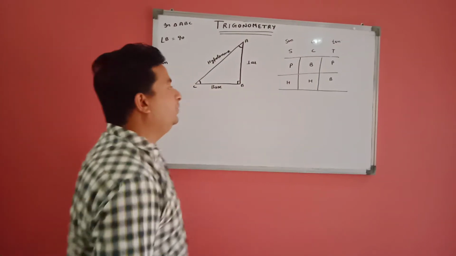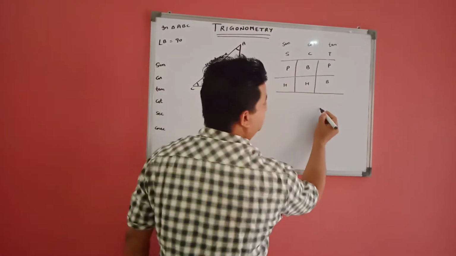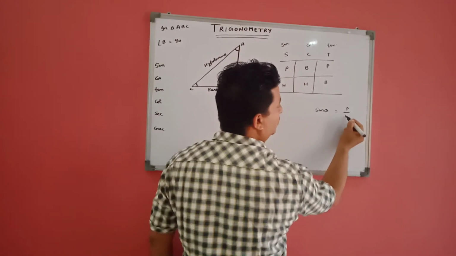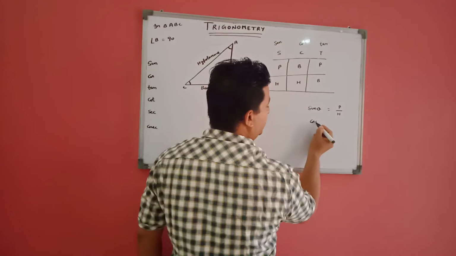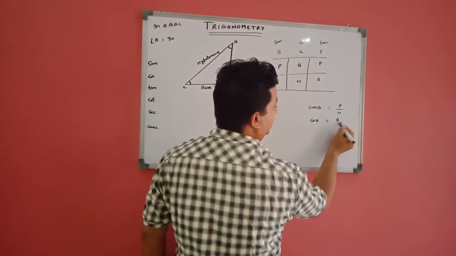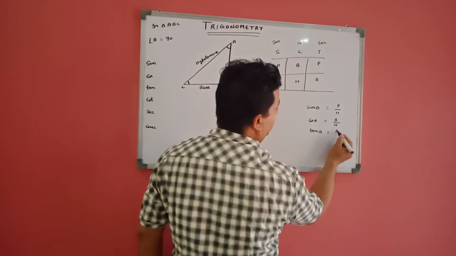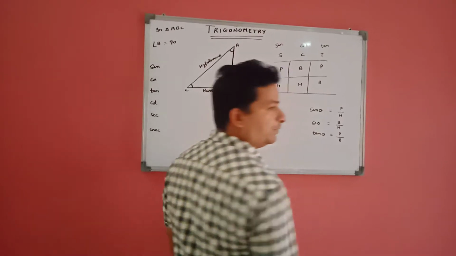If we find sine theta, it is equal to perpendicular over hypotenuse. Cos theta is base upon hypotenuse. Tan theta is perpendicular over base.